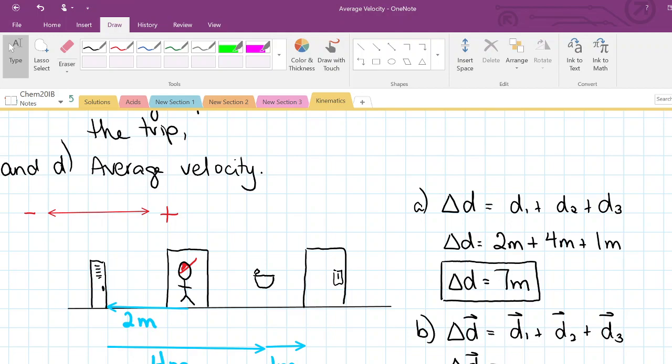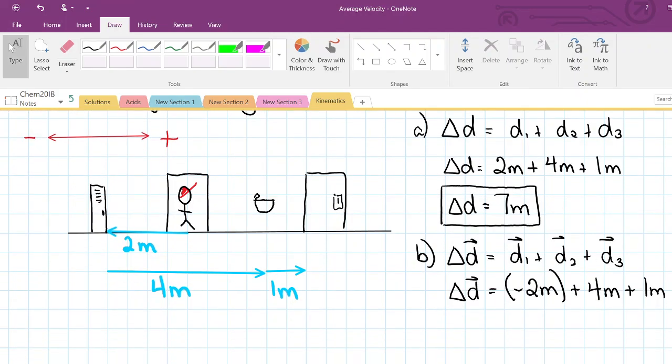So in this first segment, the 2 meters, he traveled left. And in my Rosetta, left is negative. So that means he travels negative 2 meters. Plus, for my second segment, my arrow is pointing to the right, which is positive, so 4 meters. And my third segment is positive 1 meter.